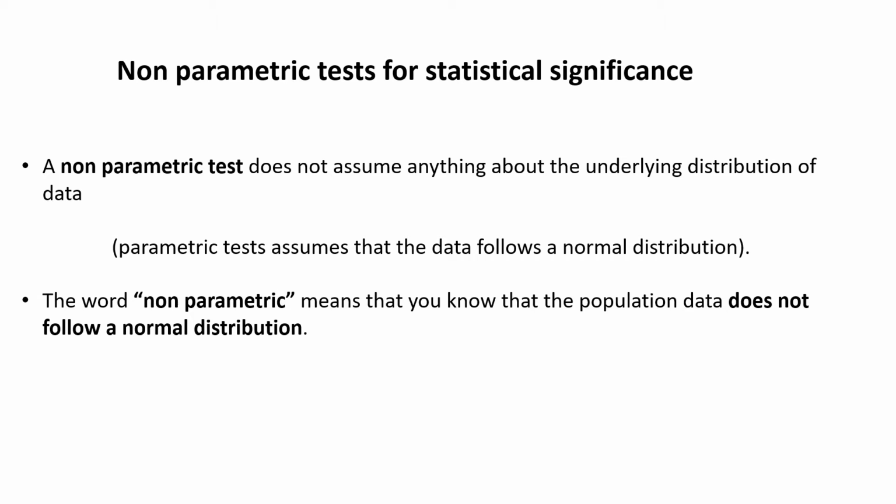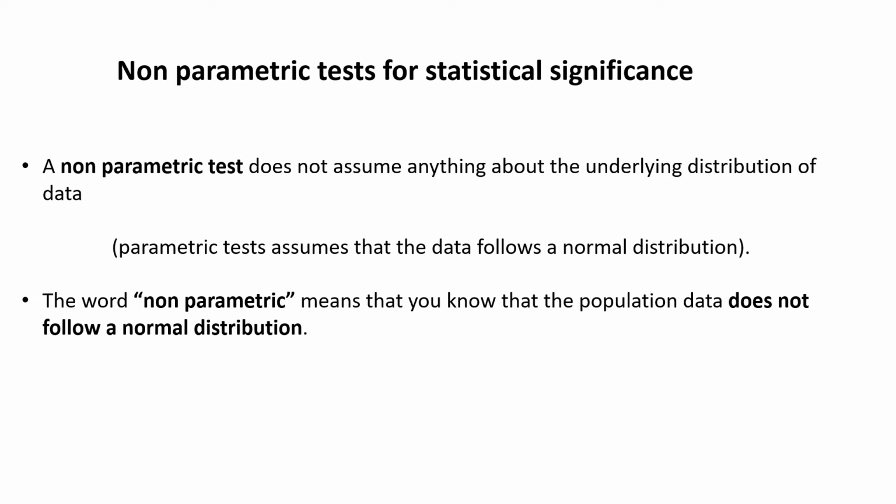Non-parametric tests for statistical significance do not assume anything about the underlying distribution of data. You may have finished the session on parametric tests, right? In the case of parametric tests, there is an assumption that data follows a normal distribution.